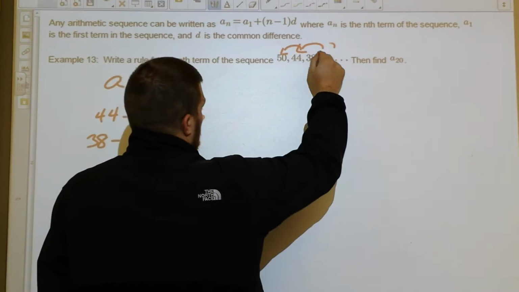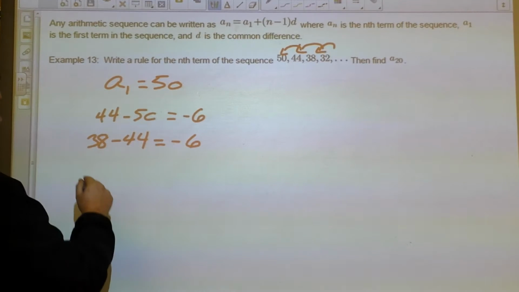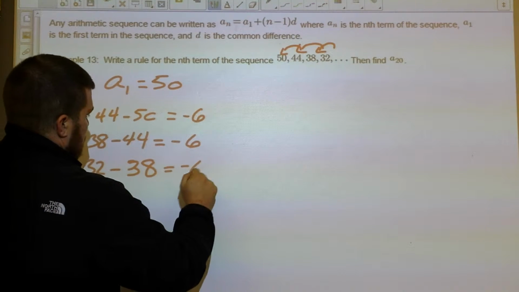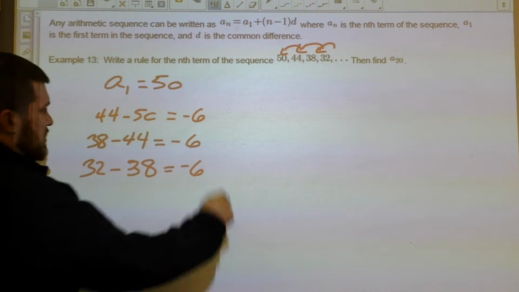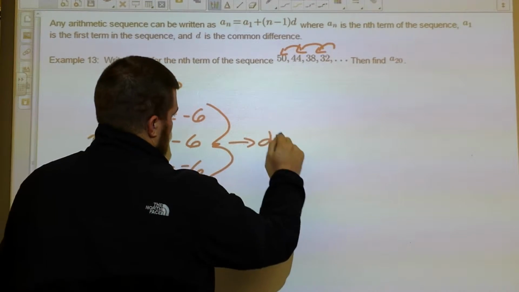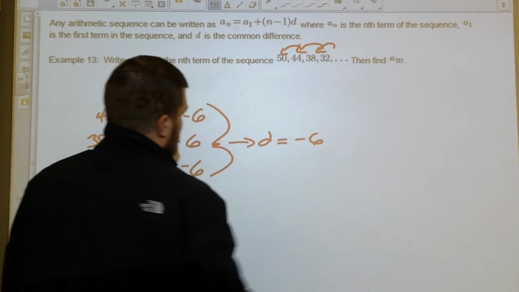And then 32 minus 38 is negative 6. So all my differences are constant, which means my common difference, d, is negative 6.